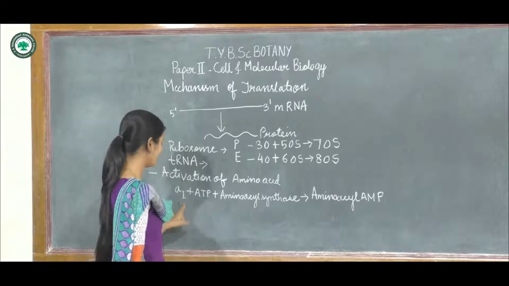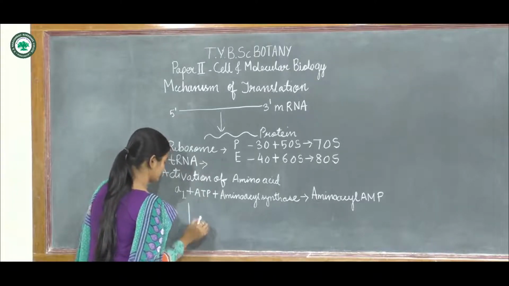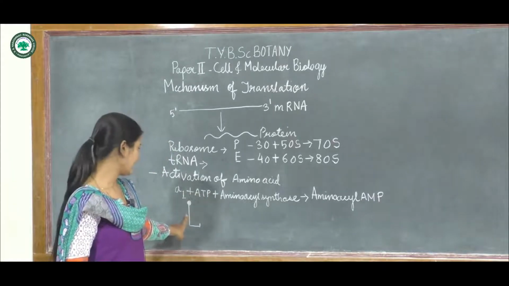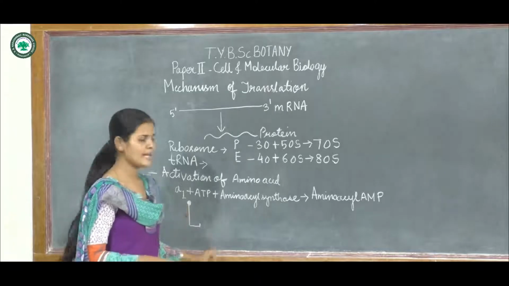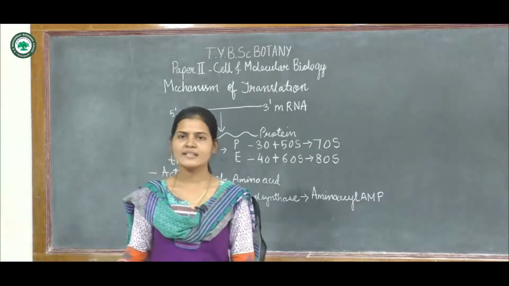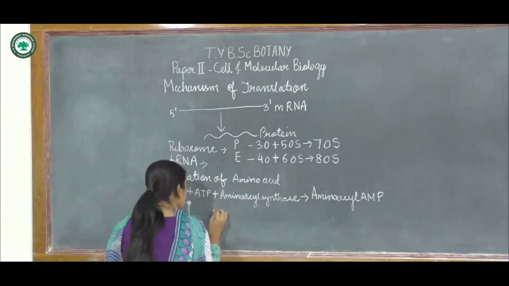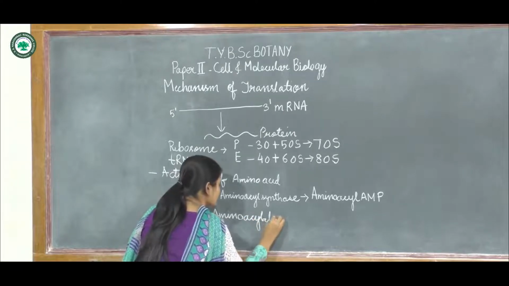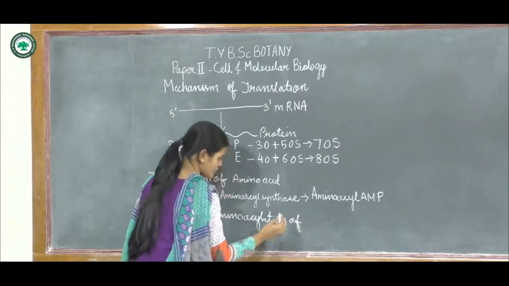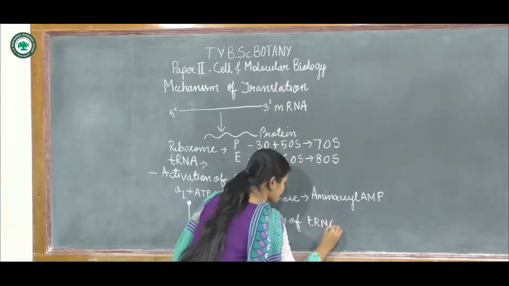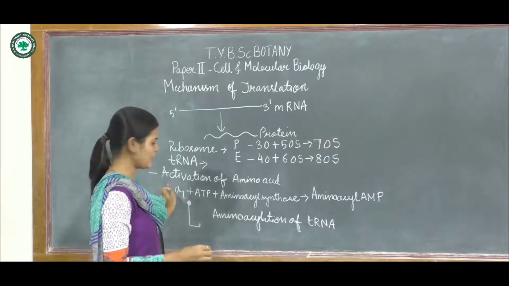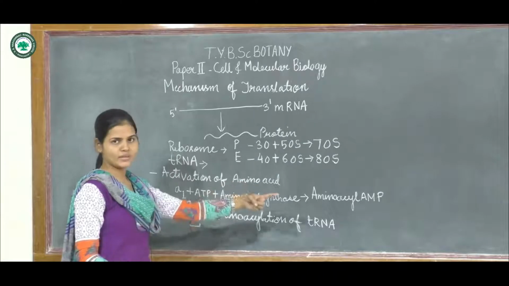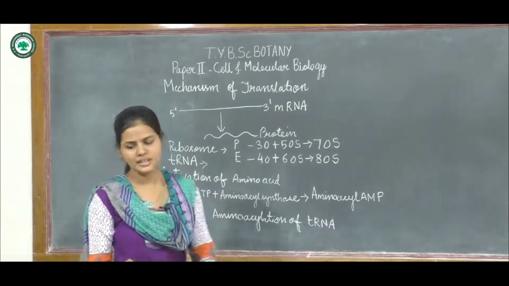So after this there will be loading of this amino acid to the tRNA by the enzyme amino acid synthetase, and the step is known as amino acylation of the tRNA. So first is the activation of amino acid, and then there will be the amino acylation of the tRNA, that is the loading of the activated amino acid to the initiator tRNA.